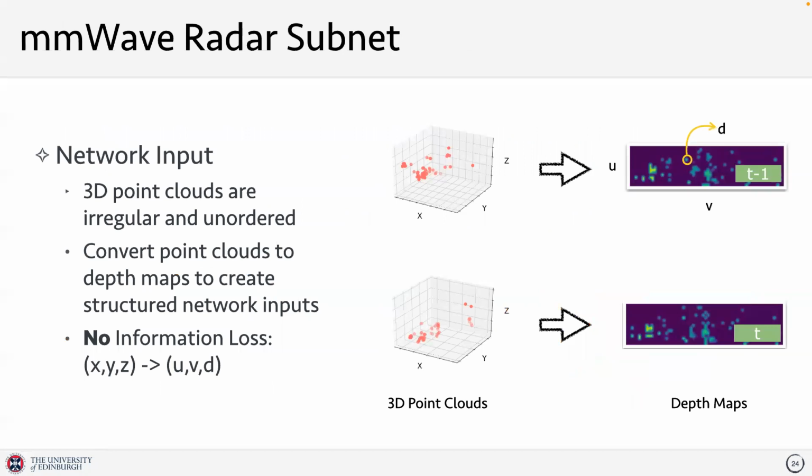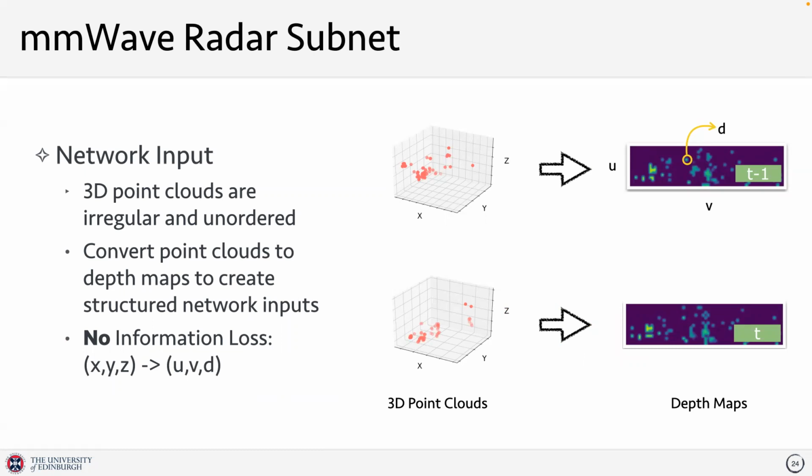Here, let's talk about what kind of radar network we are using. Start with inputs. Because 3D point clouds are very unstructured and irregular, which is not friendly for neural networks that can effectively give you something useful, we first convert these point clouds to a depth map.